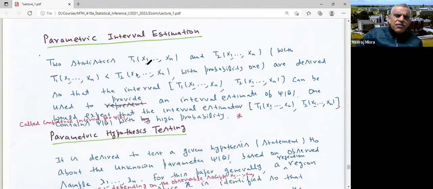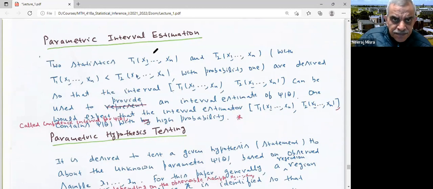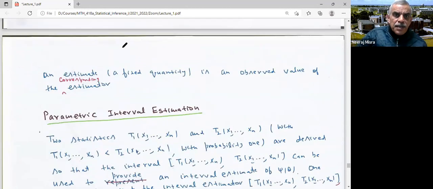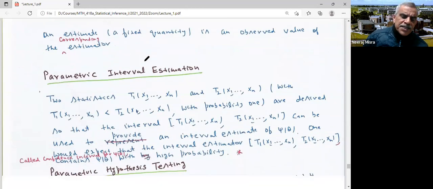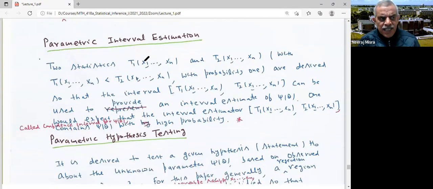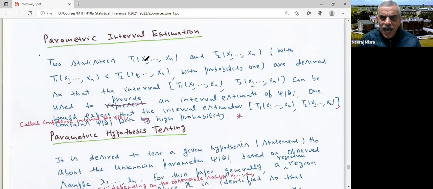Now, in parametric interval estimation problems, I'm not interested in a point which estimates theta or psi(theta). Rather, I'm interested in an interval which depends on two statistics, T1(X1, X2, ..., Xn) and T2(X1, X2, ..., Xn). So I'm interested in an interval which contains the unknown parameter with certain high probability.